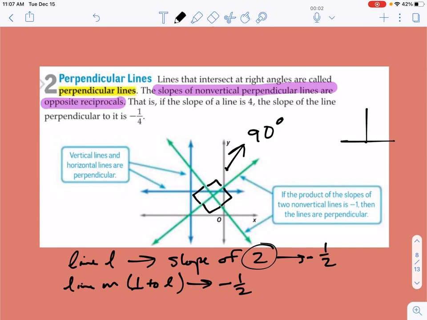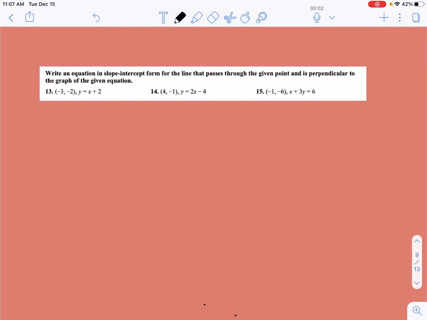The opposite of negative 5 is 5. The opposite of something is always changing its sign. So if we talk about opposite reciprocals, you're not only changing its sign, but also taking the reciprocal of it.